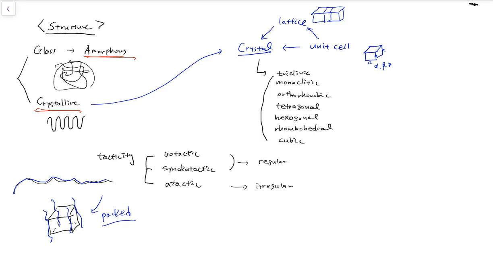To do that, in terms of tacticity, the polymer chain should be a more or less regular structure, right? So isotactic or syndiotactic polymers can be considered as crystalline. Not all of them, but they can usually form crystalline structures. On the other hand, atactic or irregular arrangements are amorphous structures.